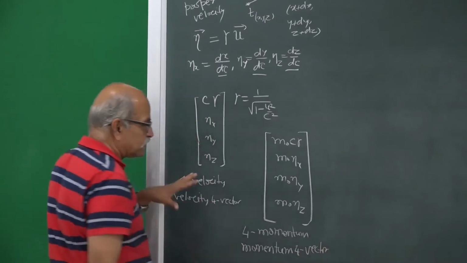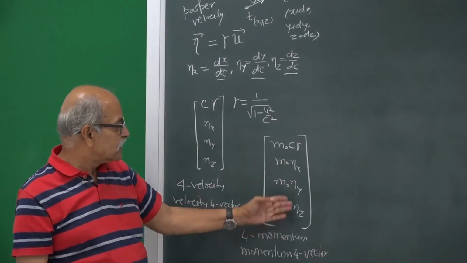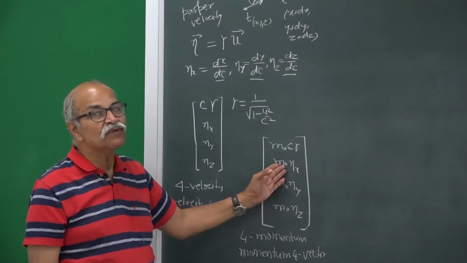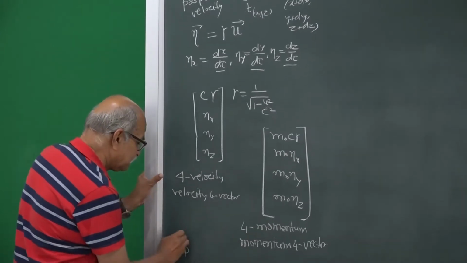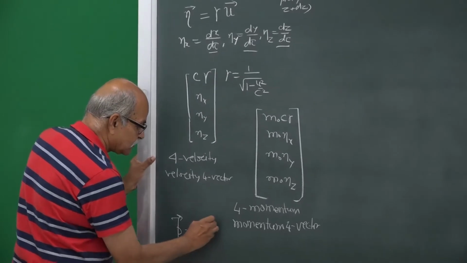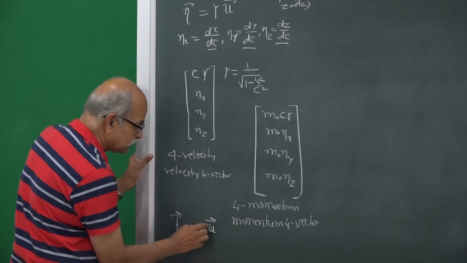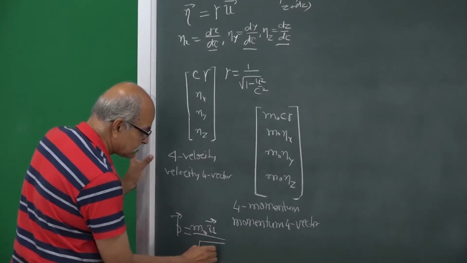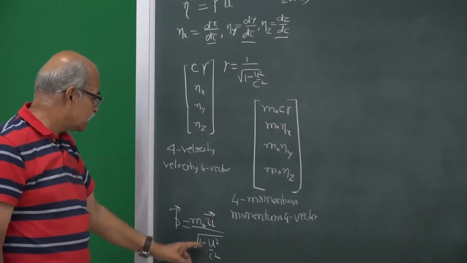This we discussed in the previous class, and then we said that these 3 quantities are just the x, y, z components of linear momentum, right, because our linear momentum is defined as mass of the particle times velocity of the particle. If you write particle velocity as u, then u divided by square root of 1 minus u square by c square, and that is in fact gamma.